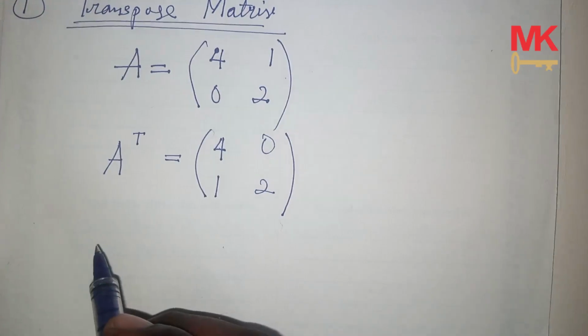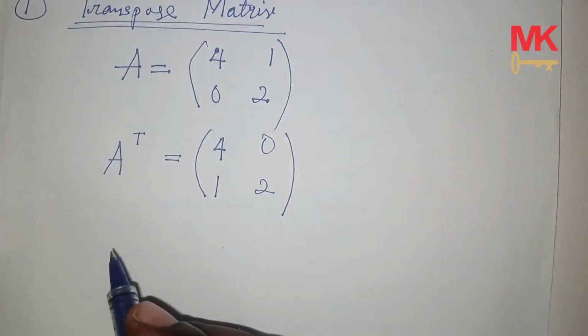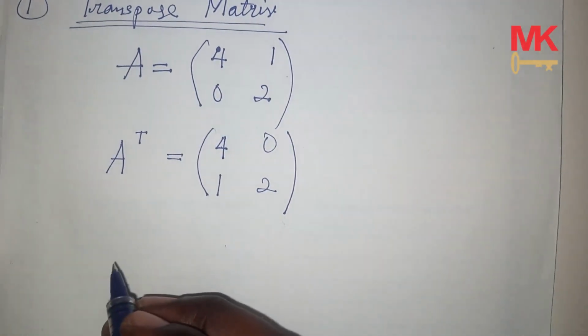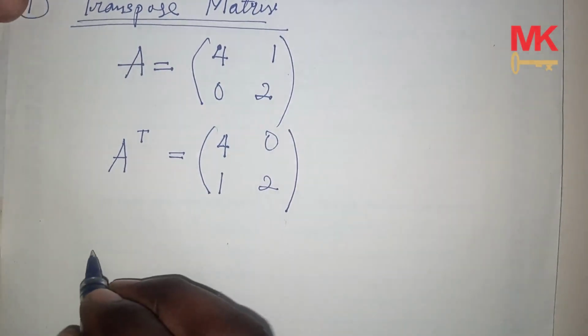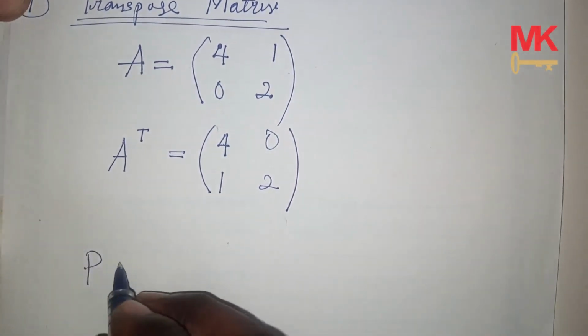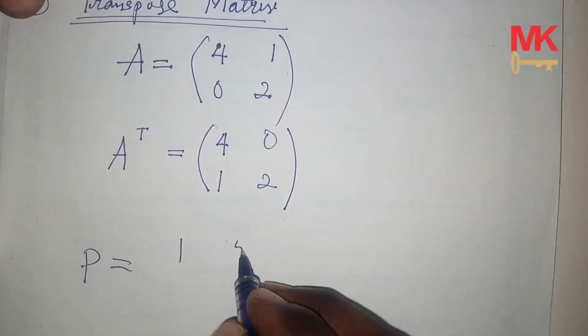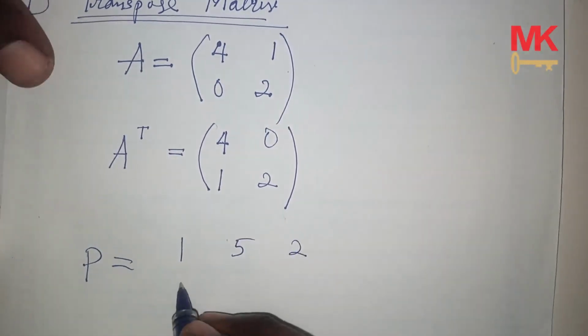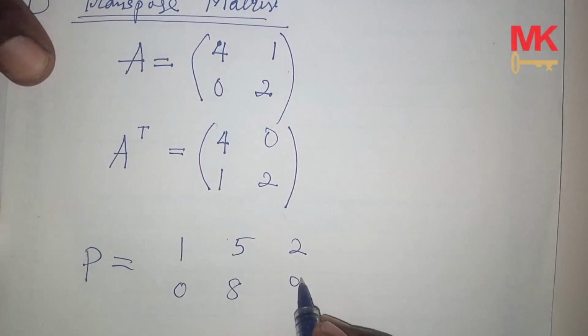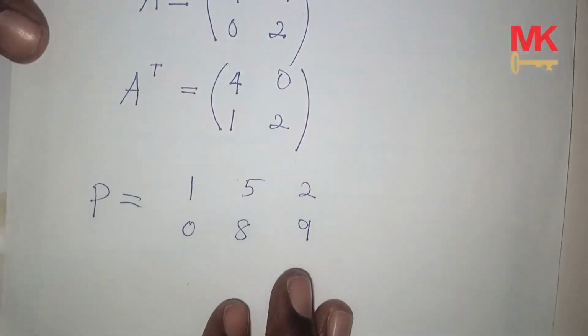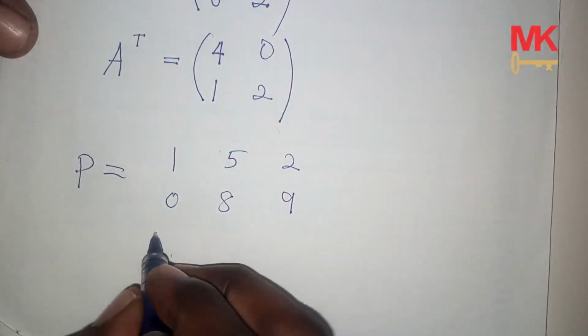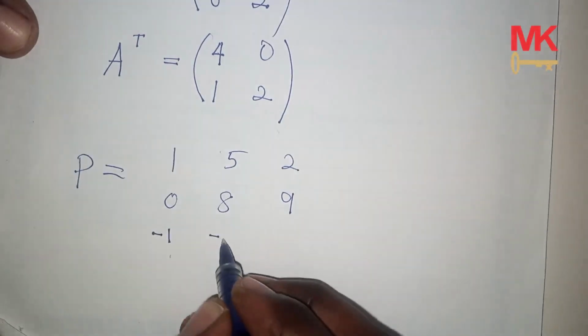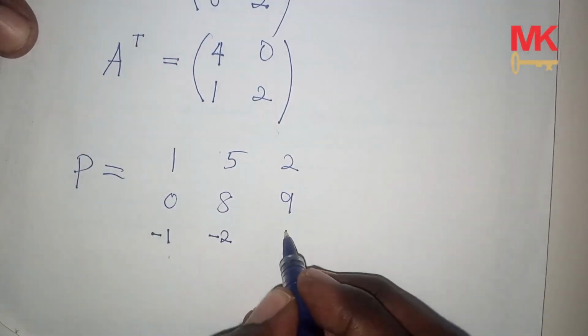In the same way, we can transpose a 3 by 3 matrix. Let's say we have the matrix P equals 1, 5, 2, 0, 8, 9, minus 1, minus 2, and you can even have a fraction there.